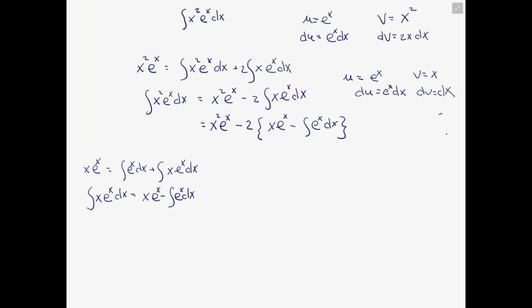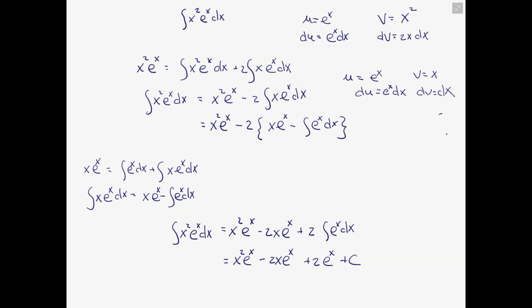And now writing this down here, we have the integral of x squared e to the x dx equals x squared e to the x minus 2x e to the x plus 2 e to the x plus a constant.